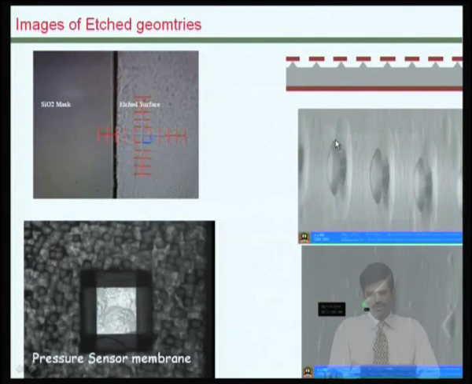If you remove this oxide, we get nice conical geometries, and as I mentioned, these could be used for tips such as in atomic force microscopy.